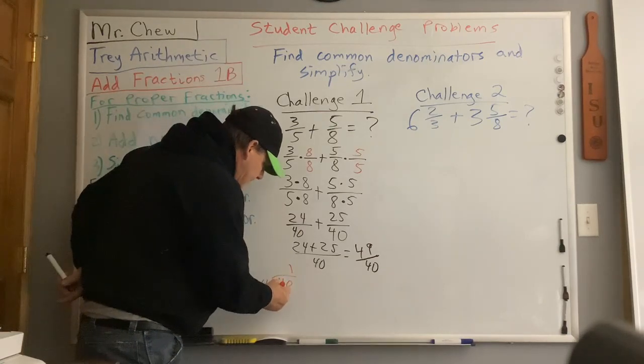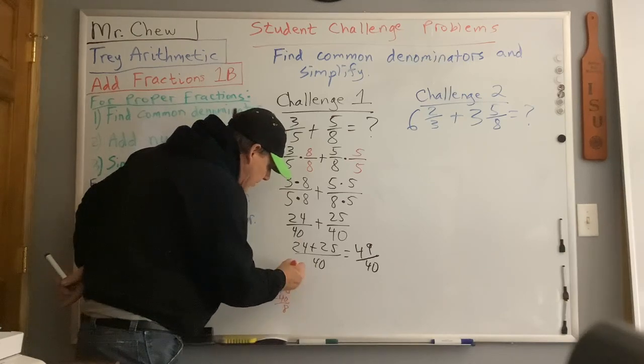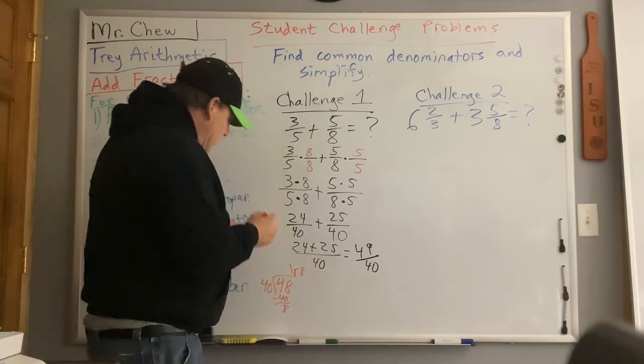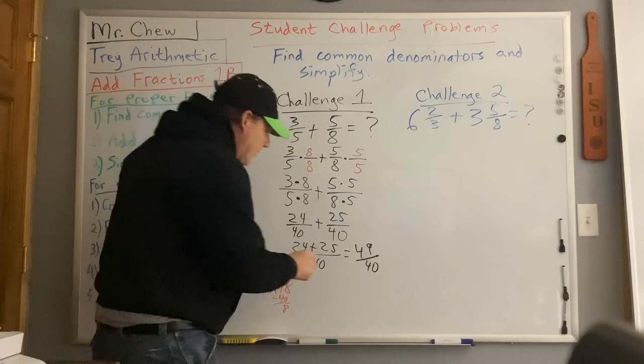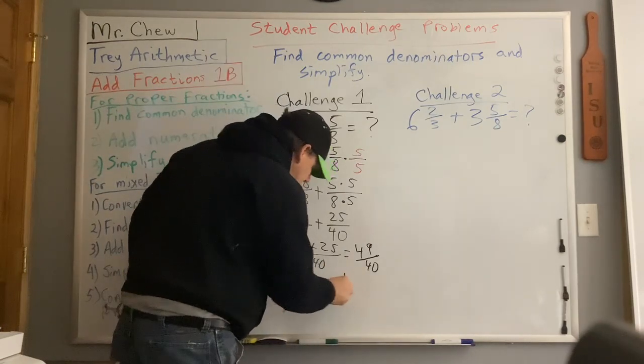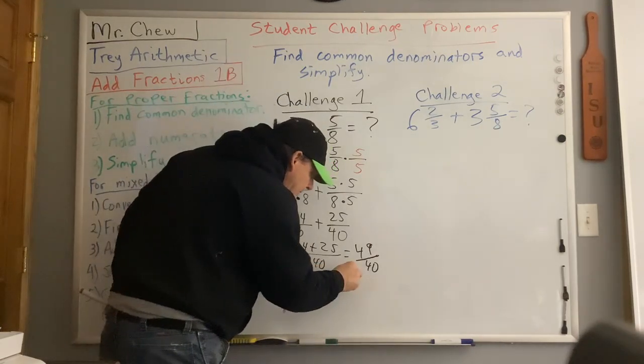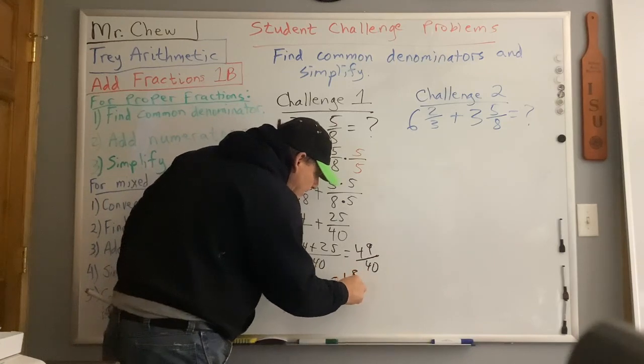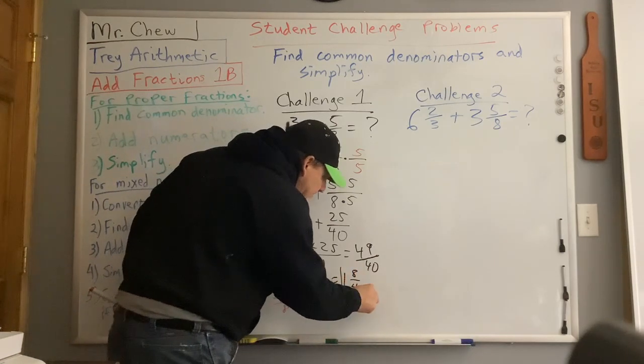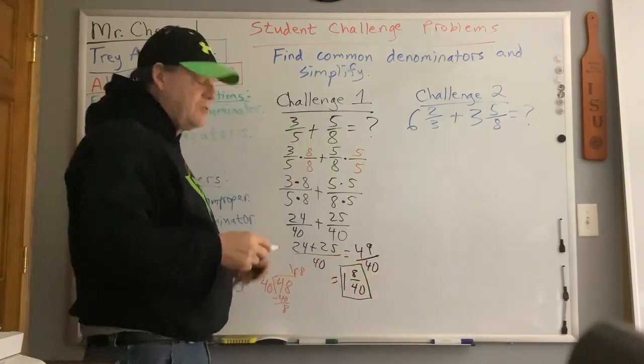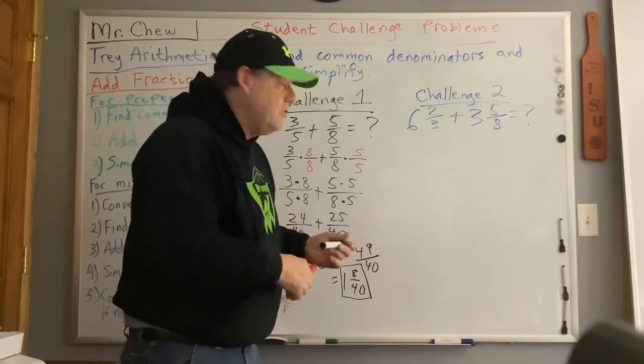One time. Subtract the 40 out. 9 is my remainder. So my answer is 1, and the remainder is the numerator over the denominator. And that ends up being my simplified answer converted to a mixed number.